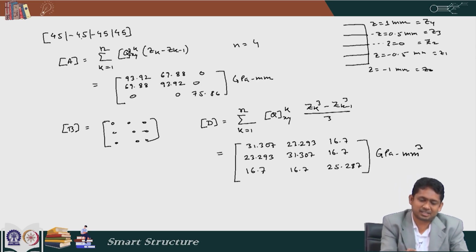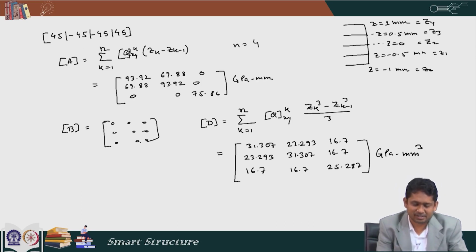Here this laminate is symmetric, and because it is symmetric, we have the B matrix as 0.